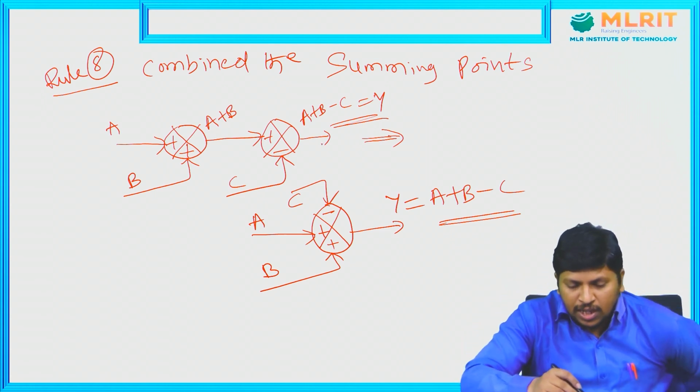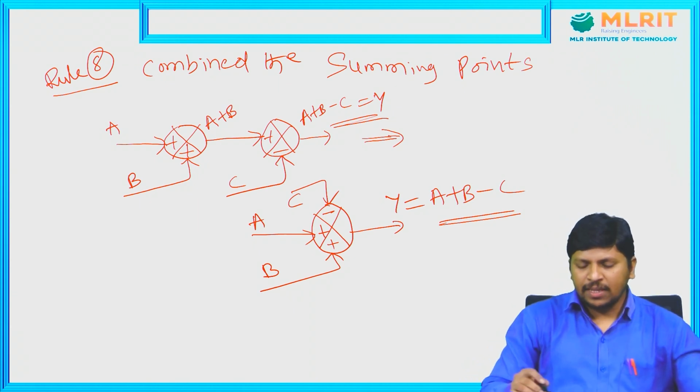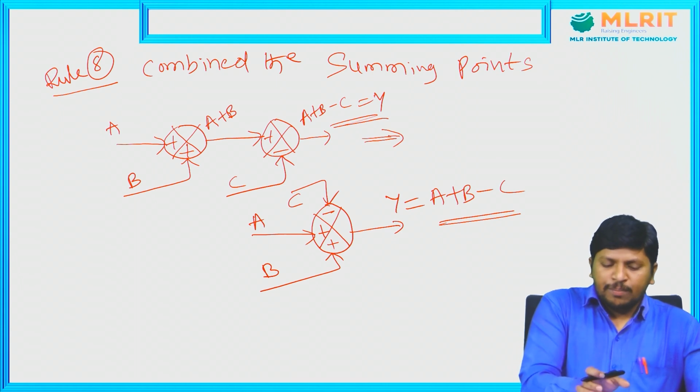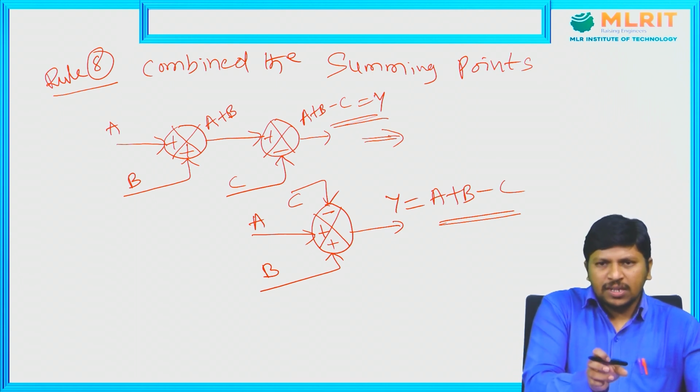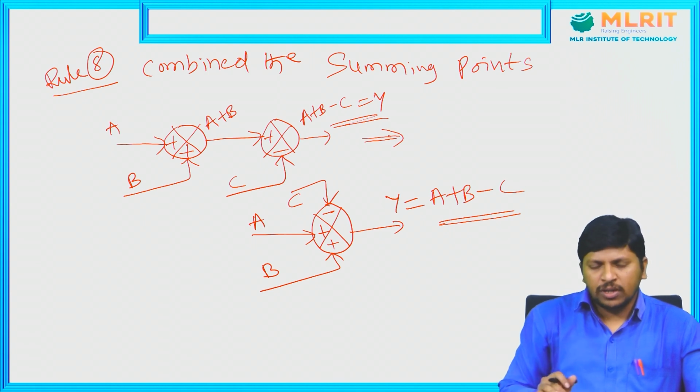Same output: A plus B minus C equals Y. This rule is also applicable because the two summing points give the same output before and after combining them into a single summing point. So this rule is also applicable in block diagram reduction.